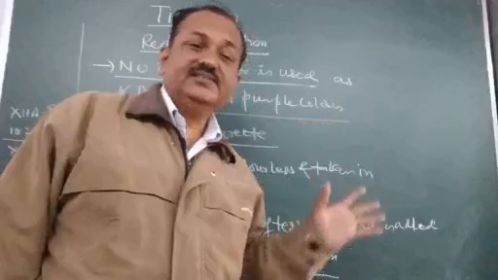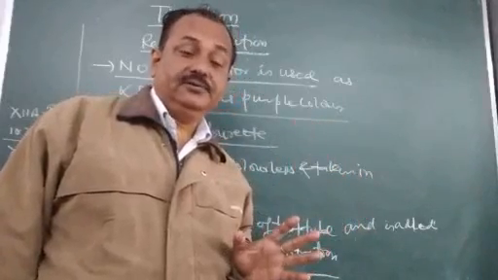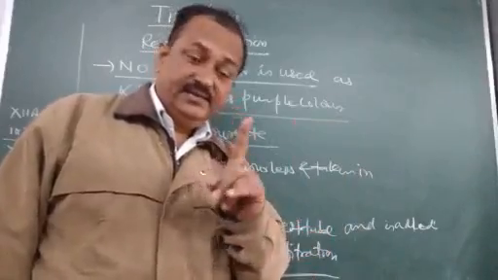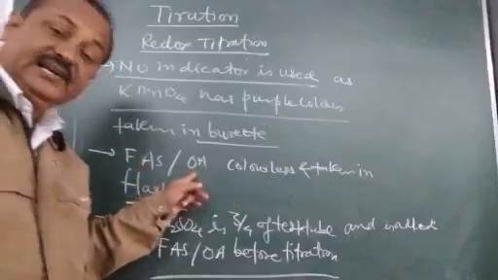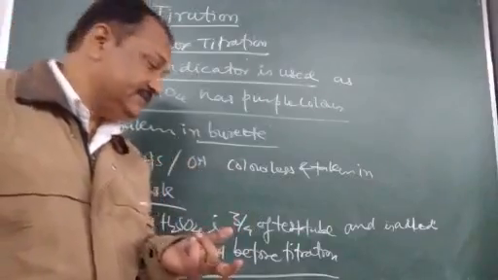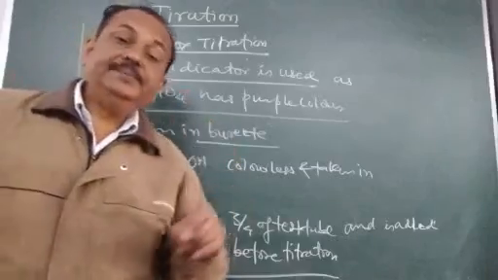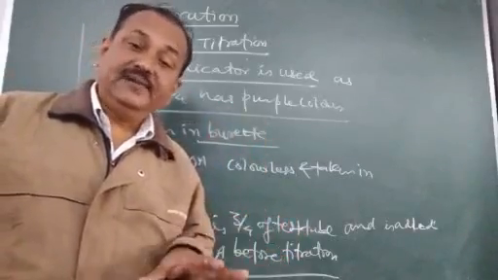Simply, we rinse all the apparatus. We fill the burette with KMnO4. Second point, take the FAS or oxalic acid, 10 ml or 20 ml as per our convenience, and transfer it into the titration flask.